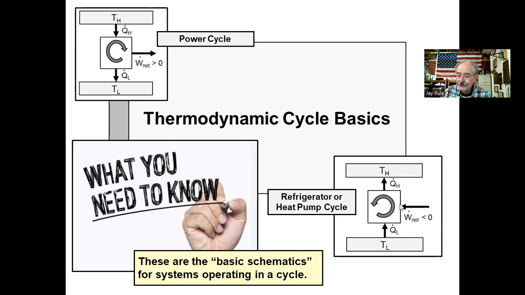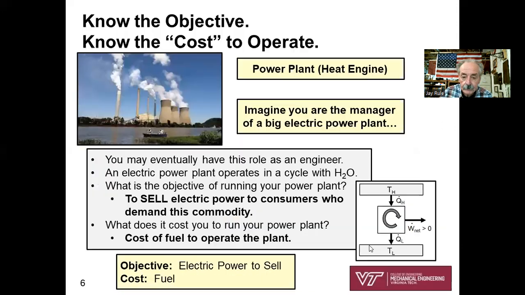Power is flowing into this black box. So these are the basic schematics. When you start with a sketch and you're dealing with power plants or refrigerators or heat pumps, my recommendation is you always draw one of these that's appropriate for your engineering problem.